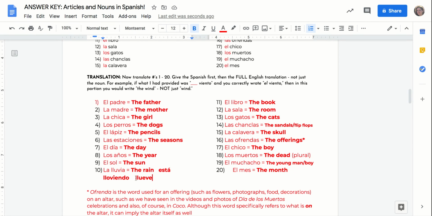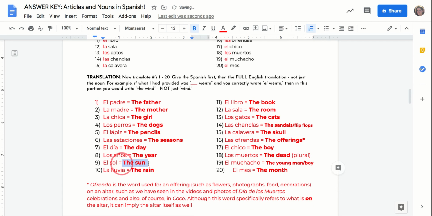Okay, so you can see that those with the double L's there, they do have a lot in common with this word lluvia. The only difference is that this word lluvia is a noun, meaning the concept of rain. And these words are verbs, meaning the action of raining. Okay, so they're just a slightly different situation than you had here with the sun.